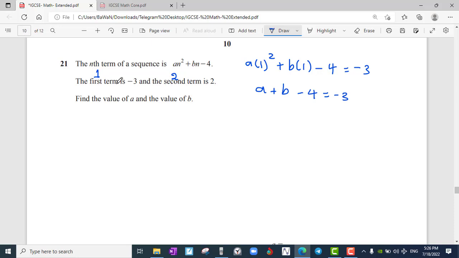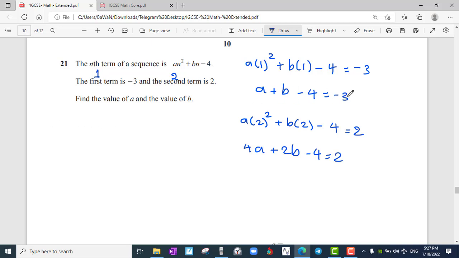I got this equation from the first term, and for the second term I replace n by 2, so a 2 squared plus b 2 minus 4 equals 2. Simplify, 4a plus 2b minus 4 equals 2. Now I have two equations related to the same problem. I have to solve them simultaneously.